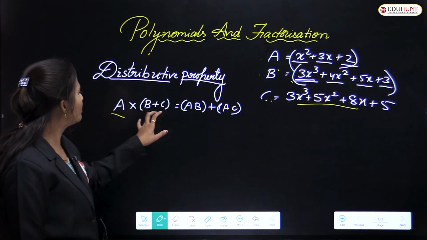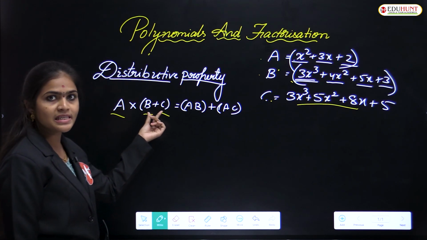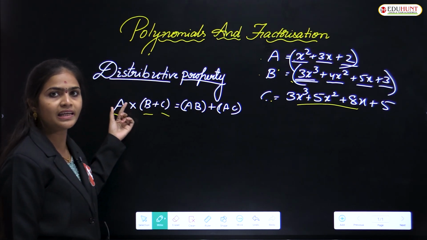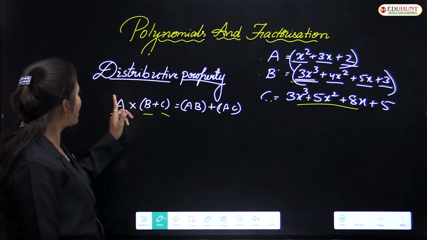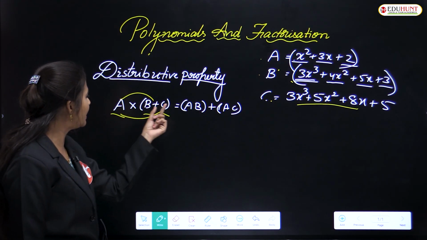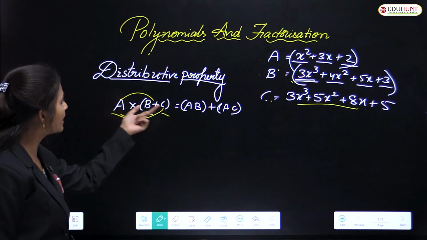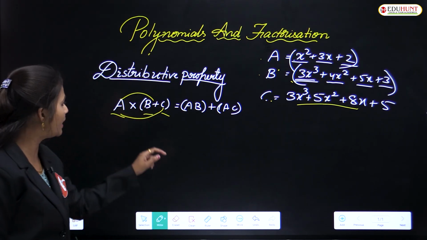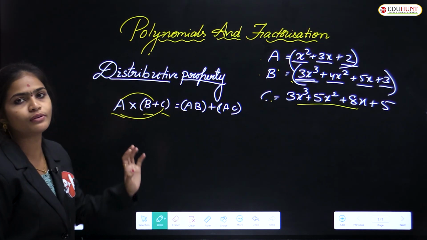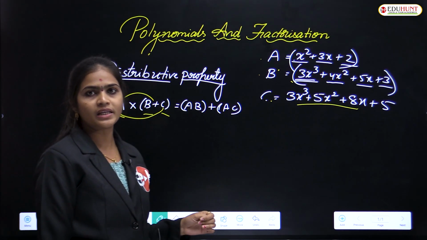Here three polynomials a, b, c are there. So first if you add b plus c, after that you can multiply with a, or else first multiply a and b, after that multiply a and c, next you can add those two resultants. Then also you will get the same result, whatever it may be. If you do it in any way, you will get the same result. So this is the distributive property.